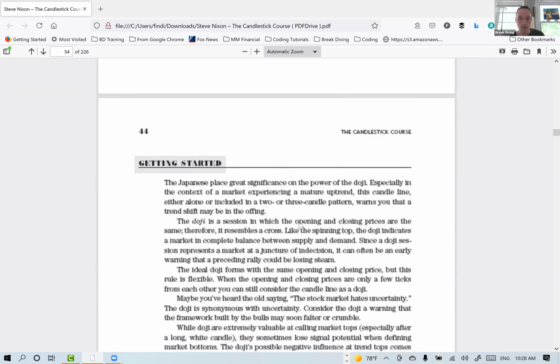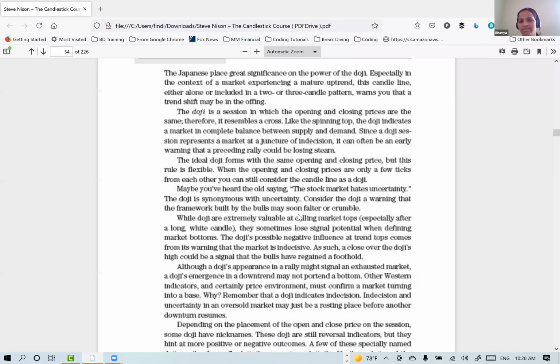Okay. Market is in complete balance with the supply and demand. Doji indicates complete balance between supply and demand, but it also represents complete indecision. Indecision.